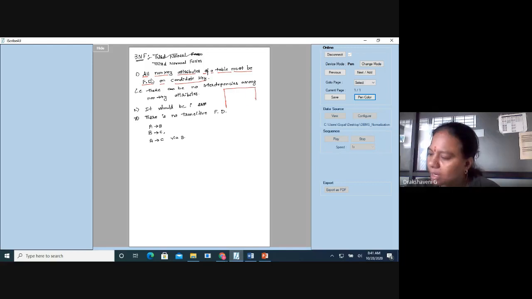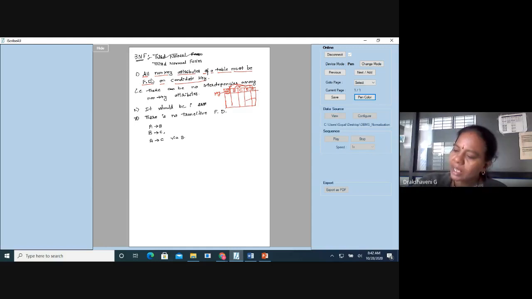Let us take one small table with some values, say A, B, C, D. In this case, A is the key, and B, C, D should all be functionally dependent on A. That is the meaning of all non-key attributes of a table being functionally dependent on the candidate key.